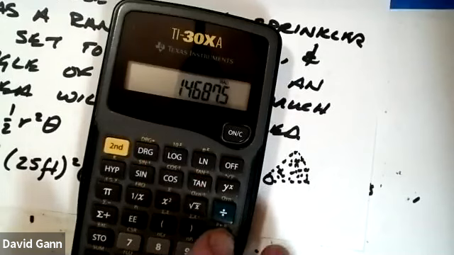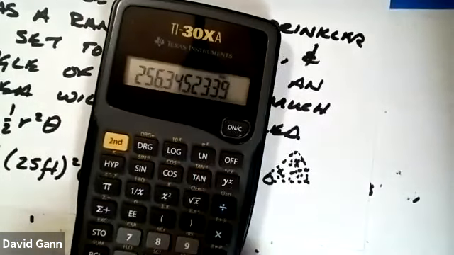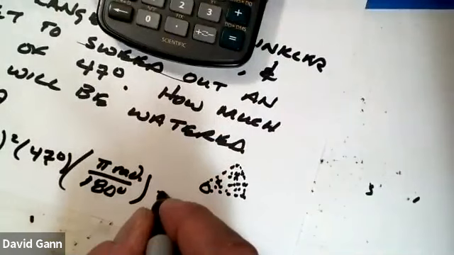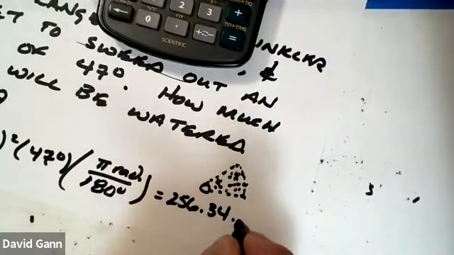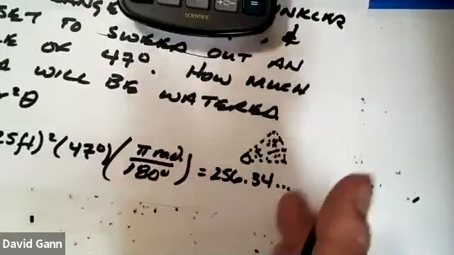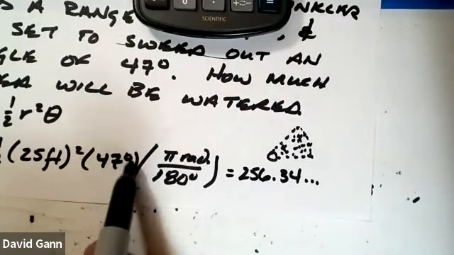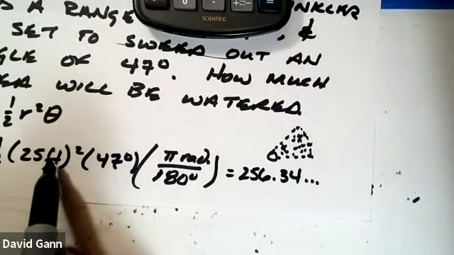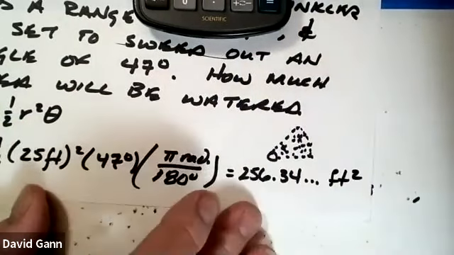Then my conversion times pi divided by 180. And I've got 256.34 something or other. And the units on this are going to be square feet, because if you notice, here we end up with a unitless, radian unitless number, degrees divided by degrees, the degrees gone. But here we end up with feet squared, which is what areas should be in, right?